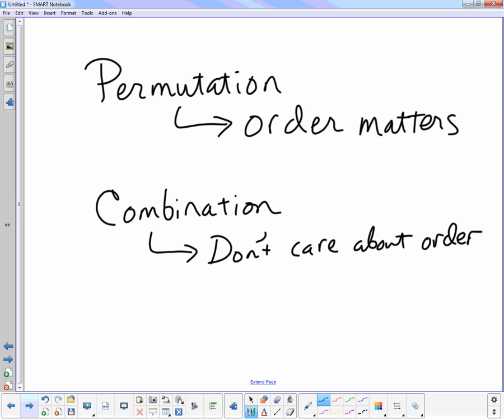So Jack and Jill doesn't matter in a combination, but Jack and Jill could become Jill and Jack in a permutation. All right.